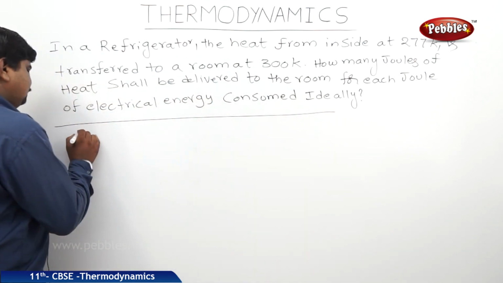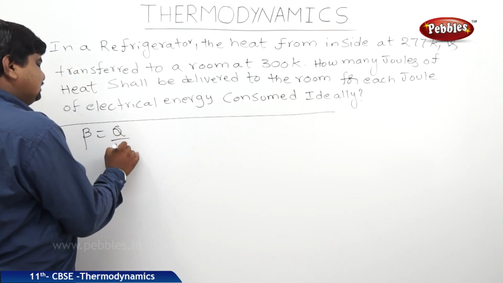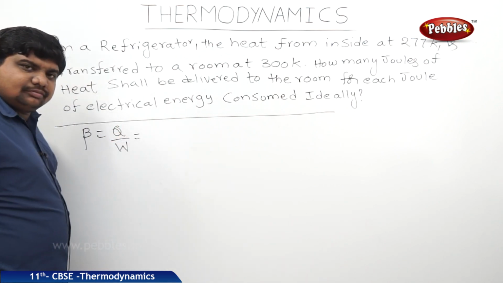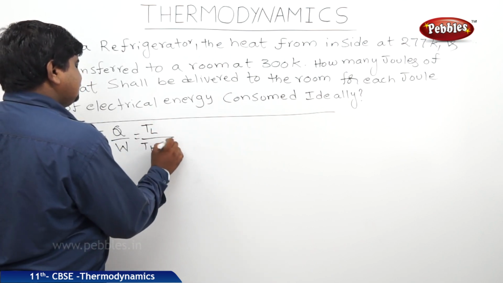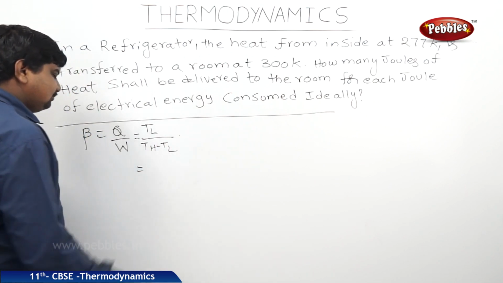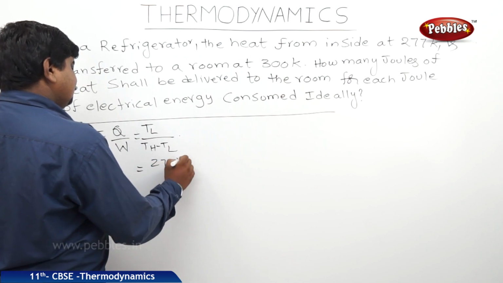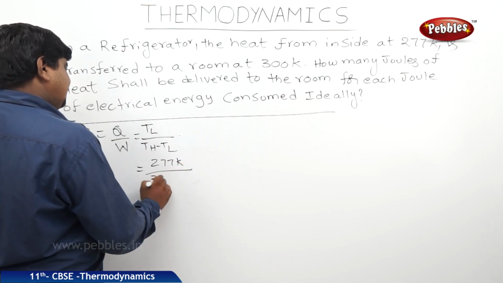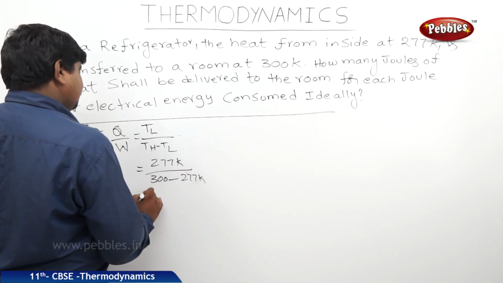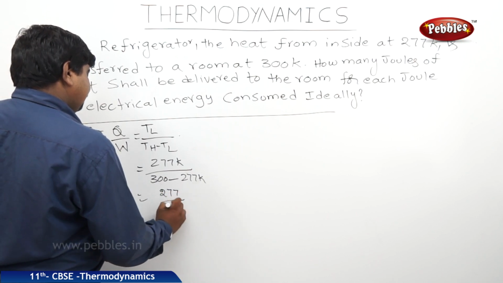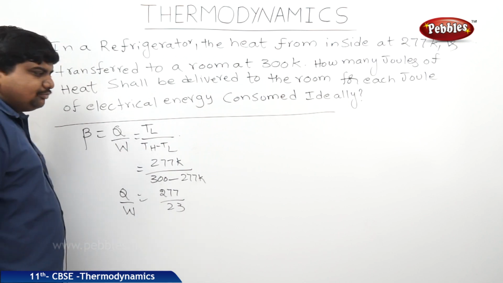Therefore, the coefficient of performance beta of a refrigerator is Q by W. So this will be temperature at lower by temperature at higher minus temperature at lower. So the temperature at lower is 277 Kelvin by temperature at higher, 300 Kelvin, minus temperature at lower, 277 Kelvin. This will be 277 by 23 is equal to Q by W.